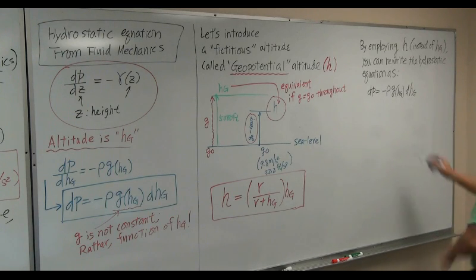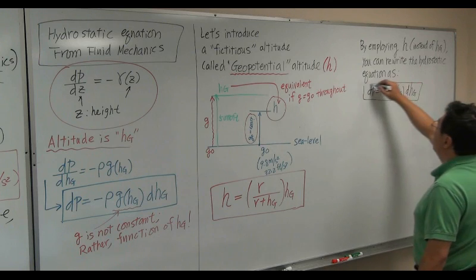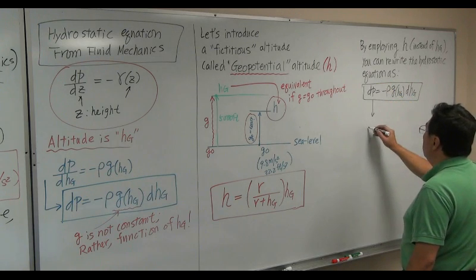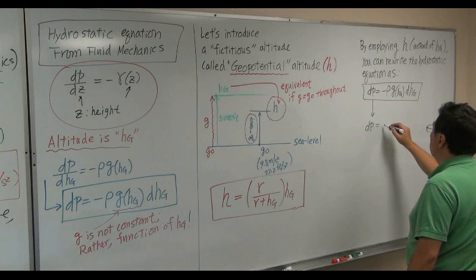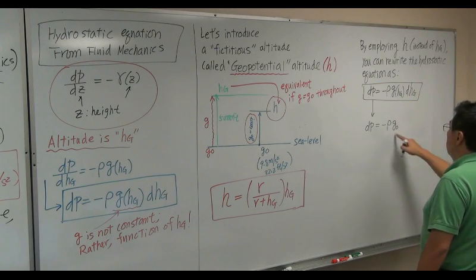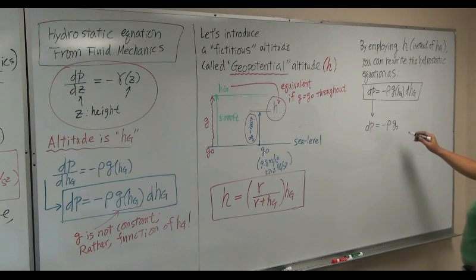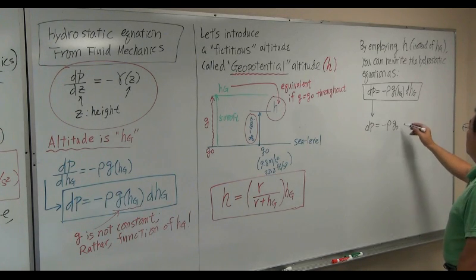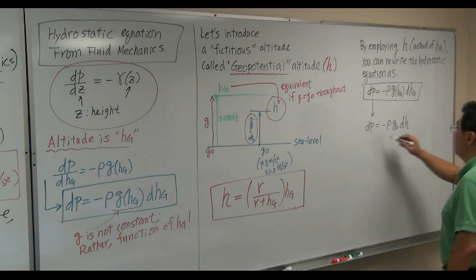Okay? So this original hydrostatic equation can be modified to dP is equal to minus rho times G0. This is a constant value, sea level, and then this is constant, dH.